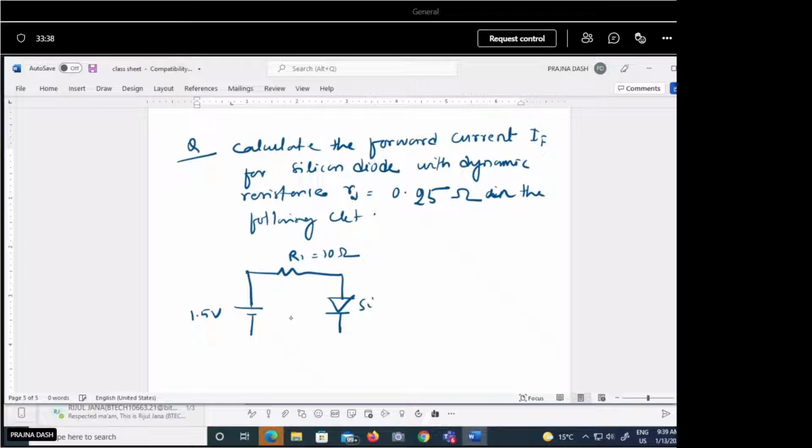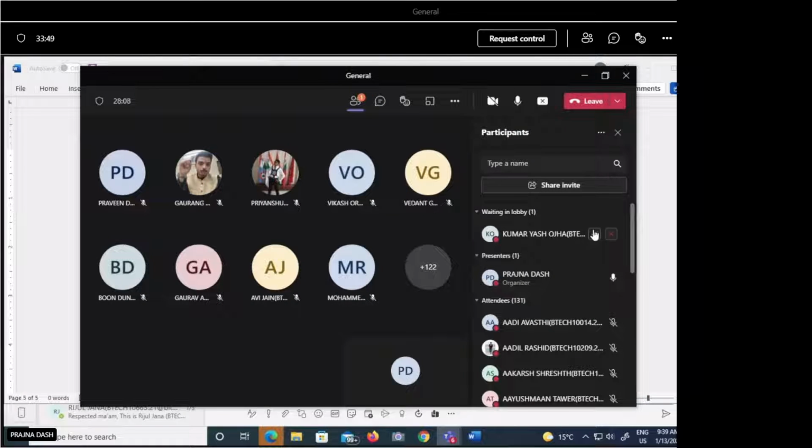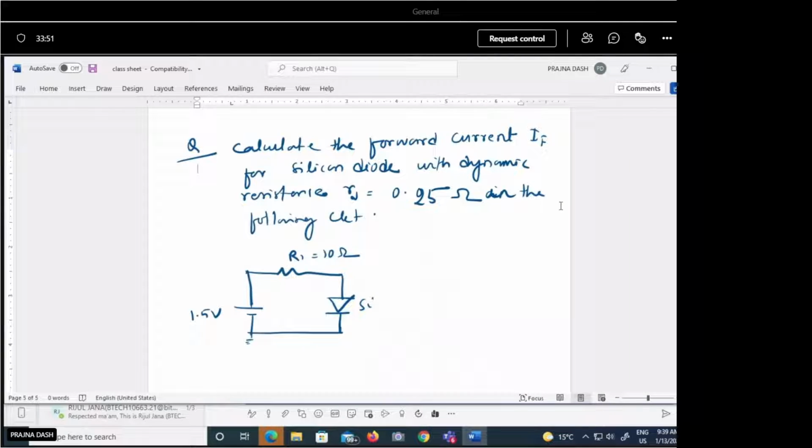This side is the ground side. So here the applied voltage is 1.5 volt, the dynamic resistance is given, and the resistance in the circuit is 10 ohm.